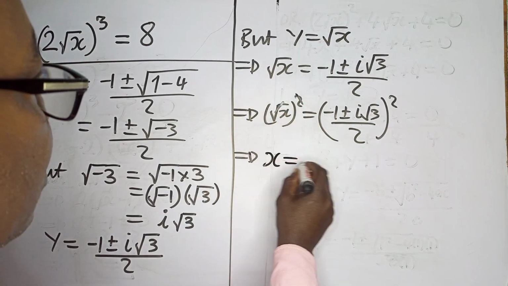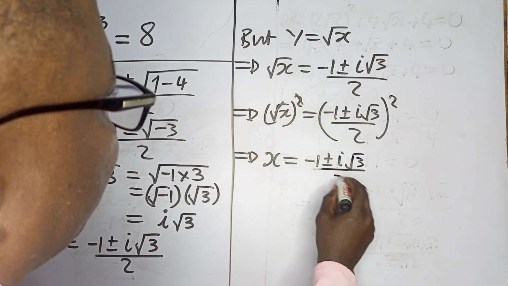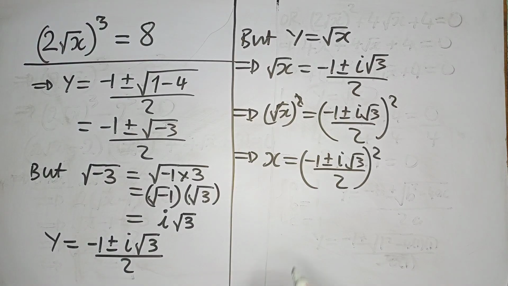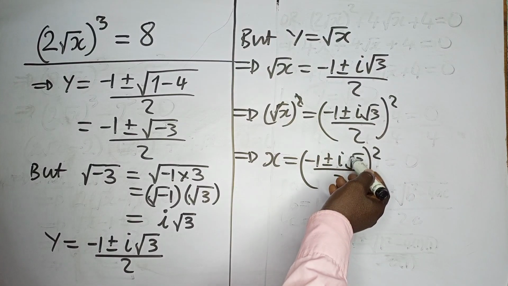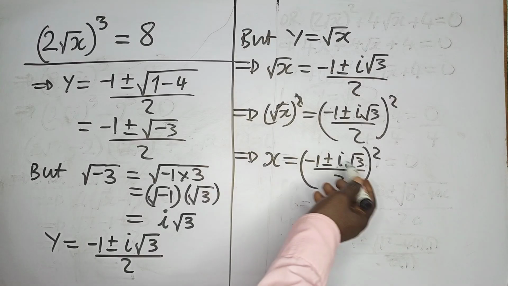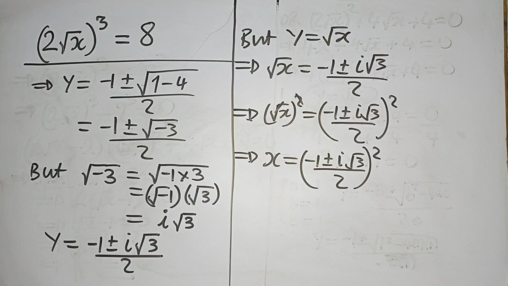It therefore means x equals minus 1 plus or minus i root 3 all over 2, all of this squared. Now we don't make the error of saying this square cancels this square root. No, it doesn't work like that. This is an expression involving 1, 2, 3 terms, so the square has to affect all of them at the same time.